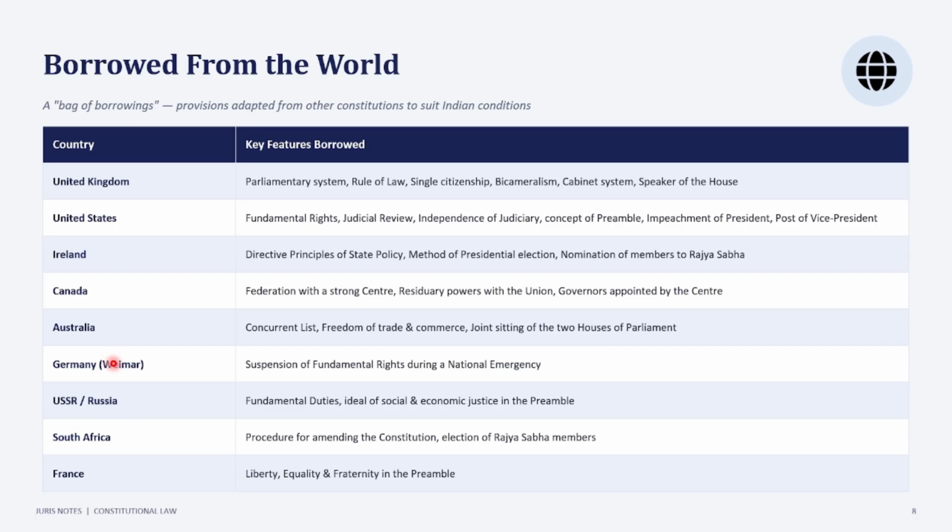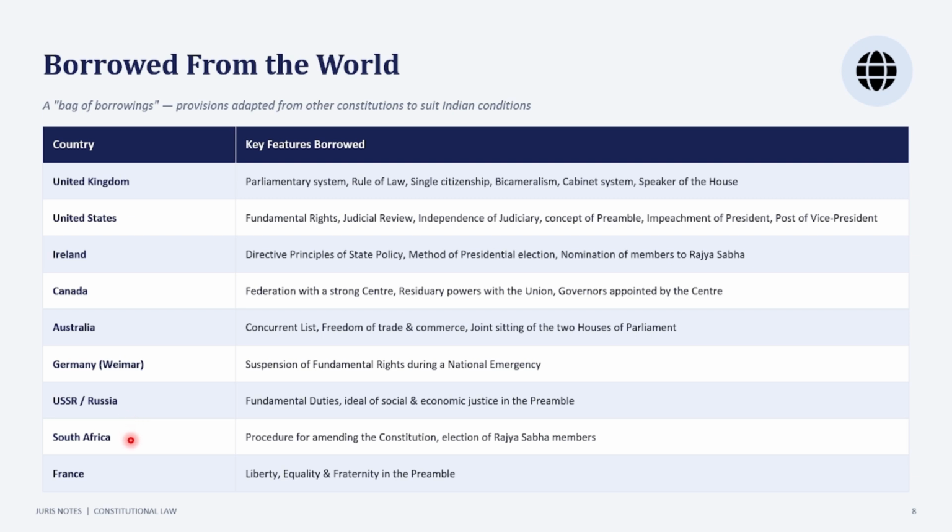From Germany, emergency related provisions concerning fundamental rights were influenced. Now, from the USSR, the idea of fundamental duties and certain ideas relating to social and economic justice were influenced.